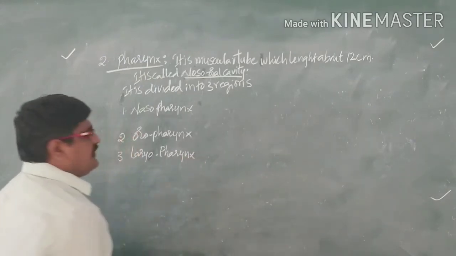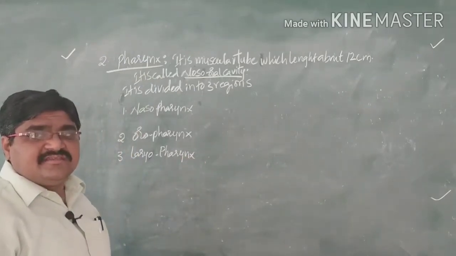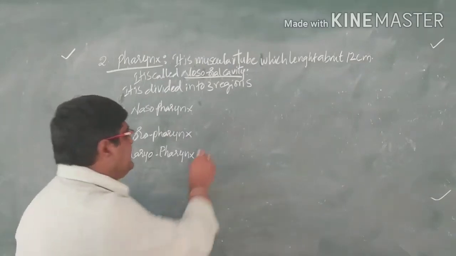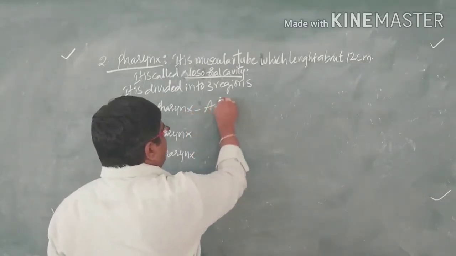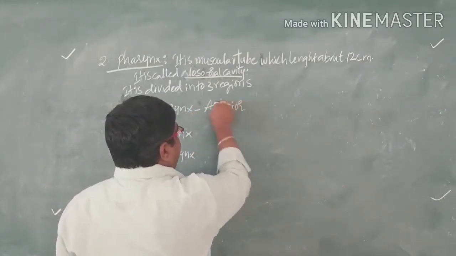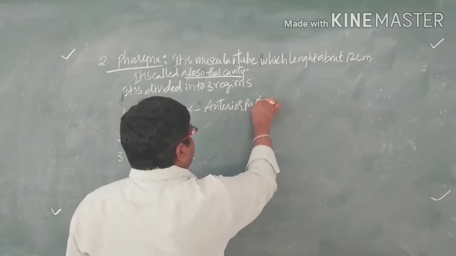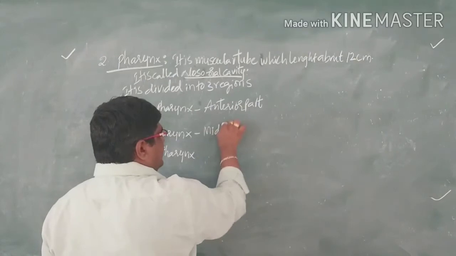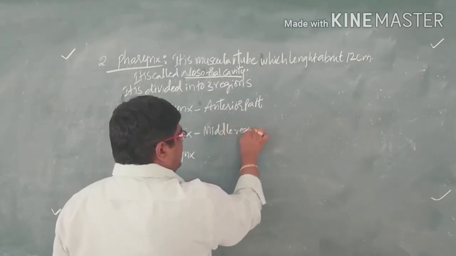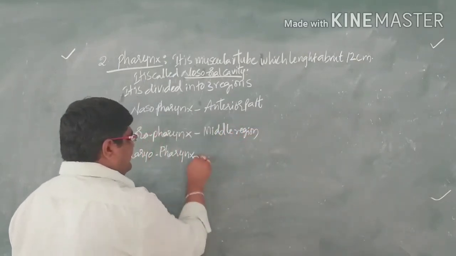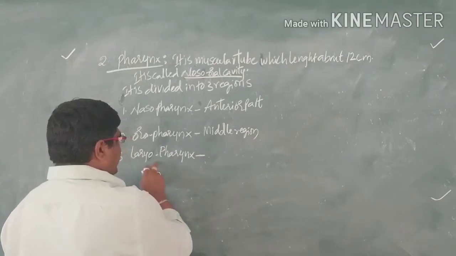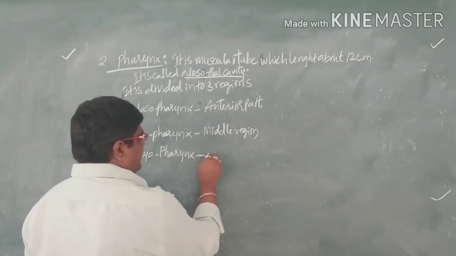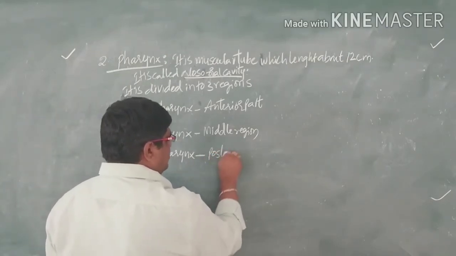The anterior part of the pharynx is called the nasopharynx, the middle region is called the oropharynx, and the third one is called the laryngopharynx, the posterior part.